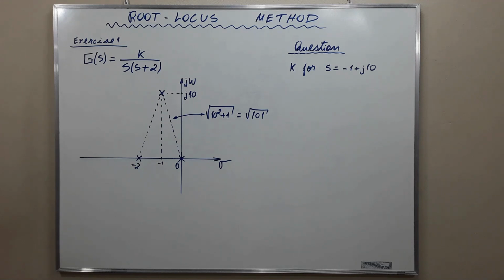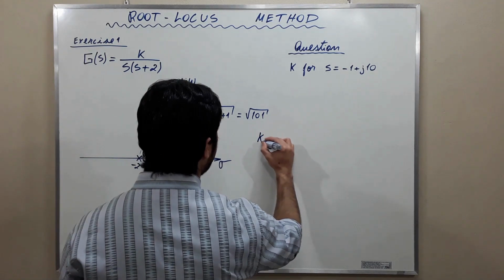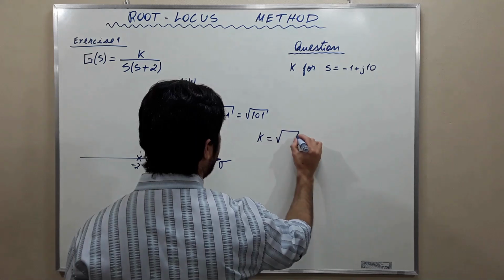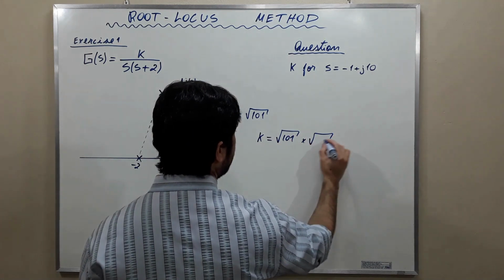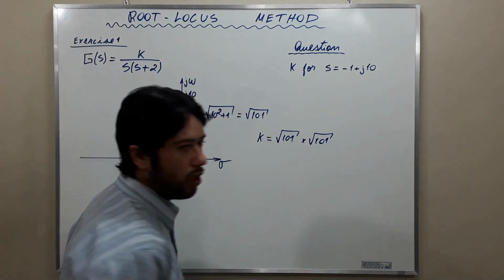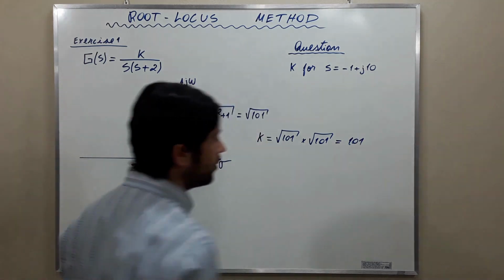The gain at the given pole is the product of the lengths from the poles divided by the product of the lengths from the zeros, which means that K is equal to the square root of 101 times the square root of 101, which is 101.